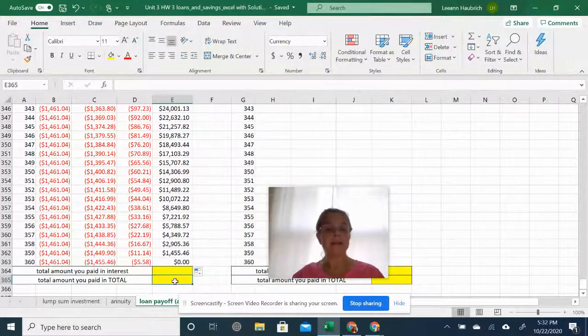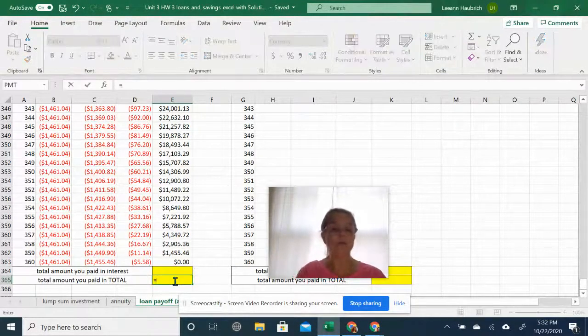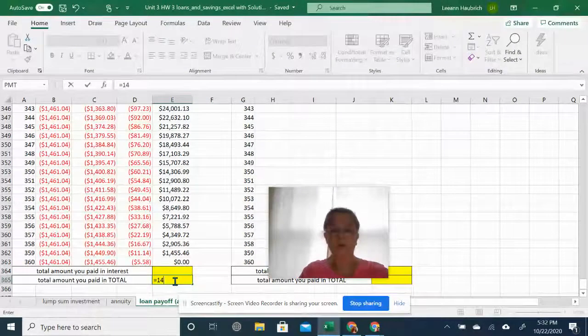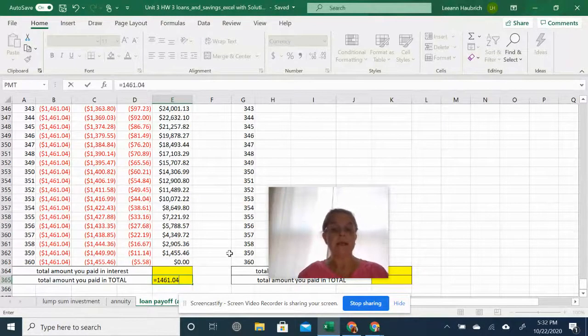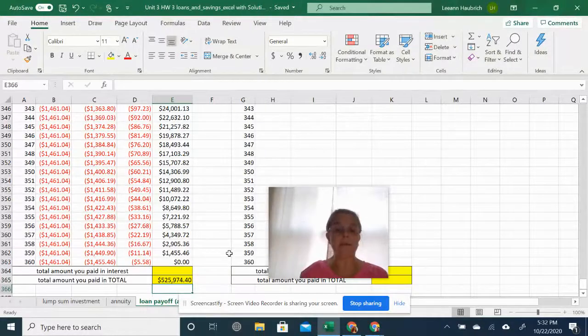So this last amount, the total amount I paid, is equal to the payment amount that I made, the $1,461.04, times the 360 months. I made that payment every month.